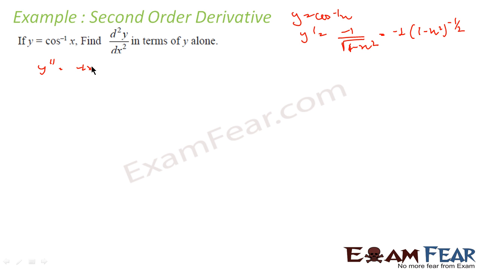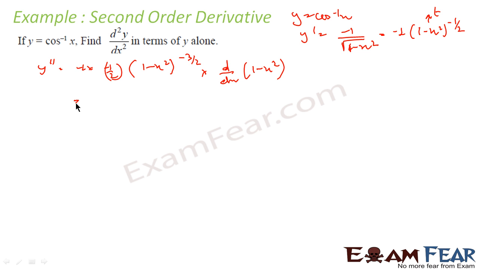So this is nothing but minus 1 into, this becomes minus 1 by 2, you multiply here, into 1 minus x square to the power minus 3 by 2, now because n becomes n minus 1, into d by dx of 1 minus x square.